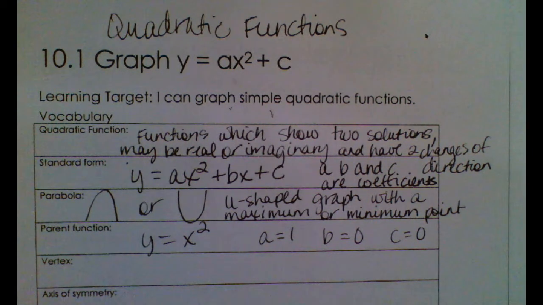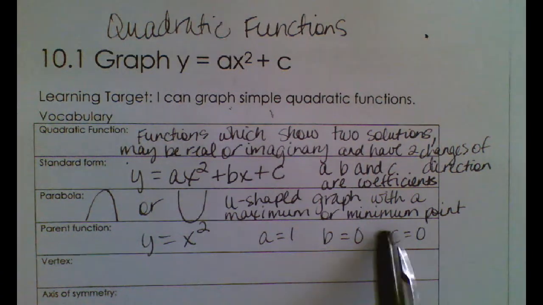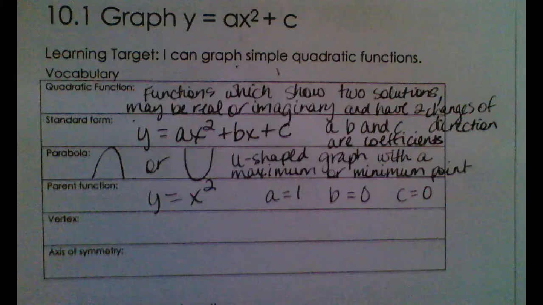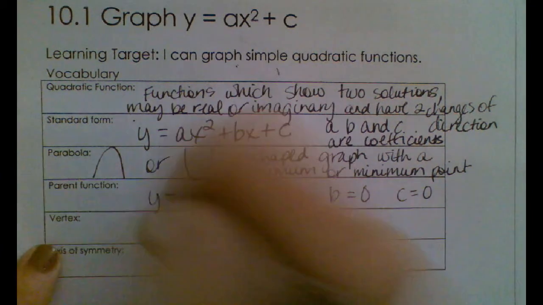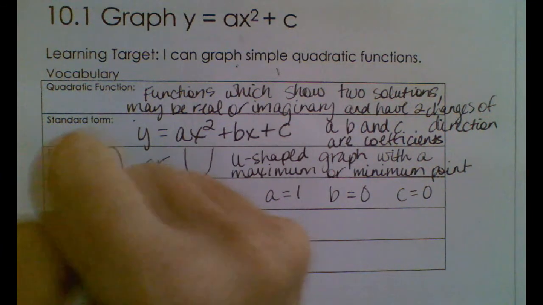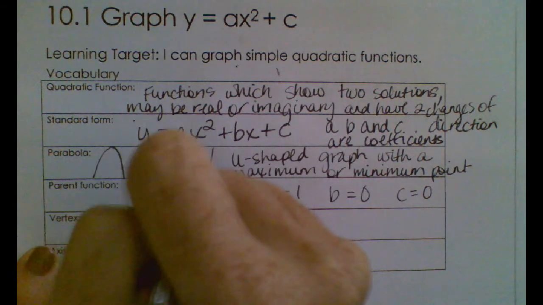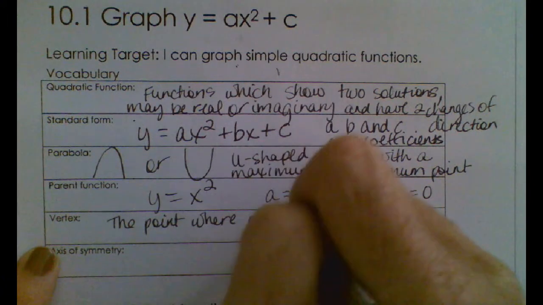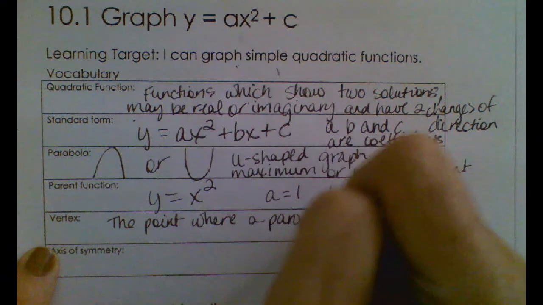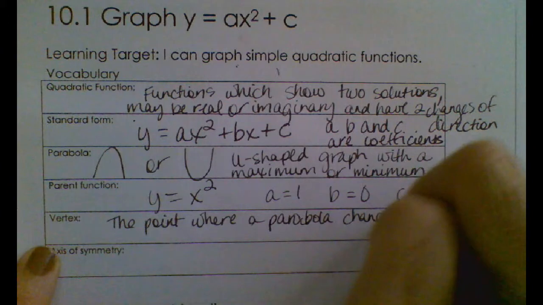Okay? Does anybody know what that maximum or minimum point is called by chance? Starts with a V. Vertex, there you go. Okay, the vertex is the point where a parabola changes direction.